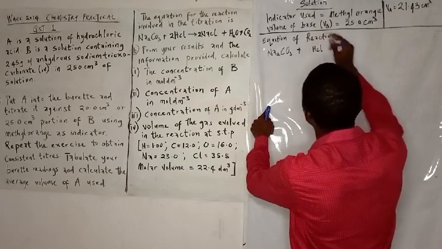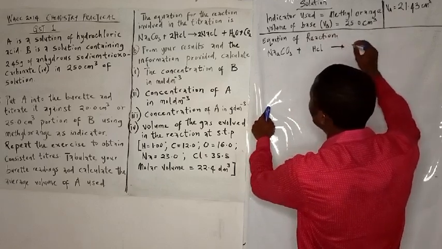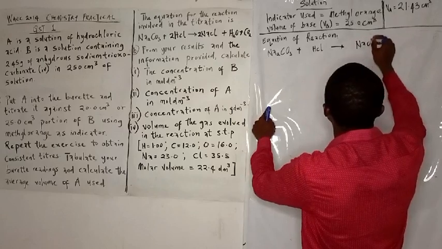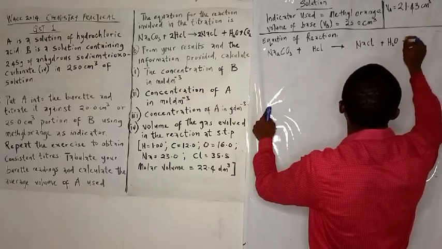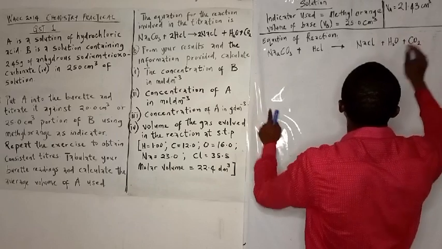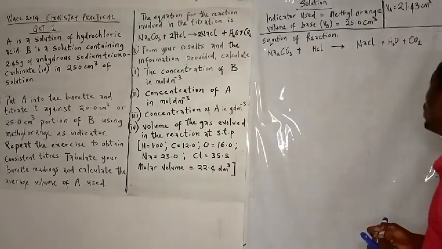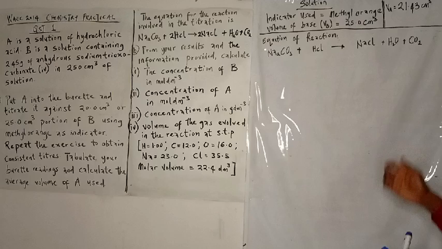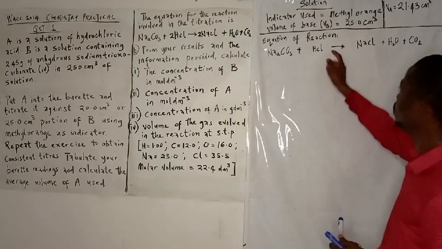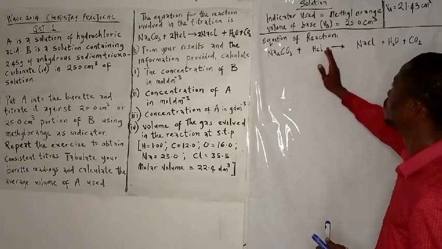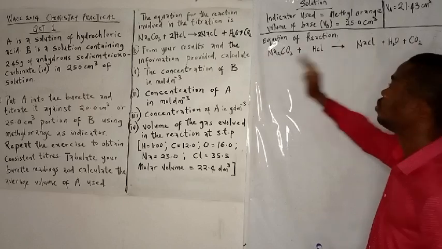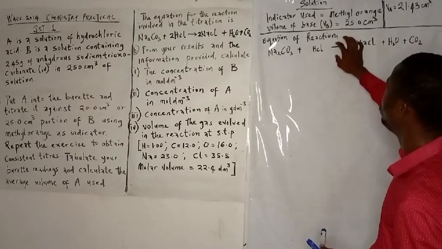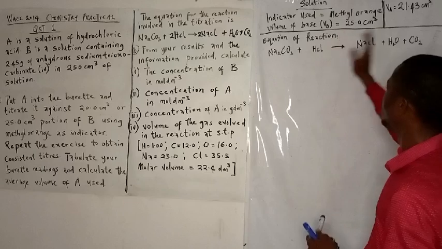Let's say it was not balanced, and then we'll have NaCl plus H2O plus CO2. So let's say we have this to be the equation of reaction. This arrow sign separates the reactants from the products. So this is like a bridge, separating the left-hand side from the right-hand side.